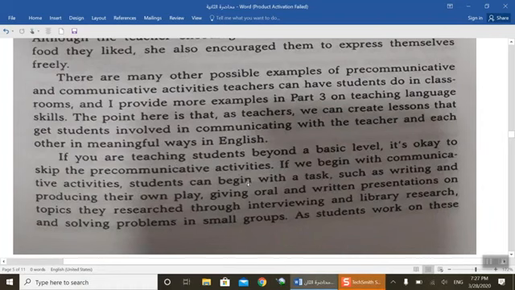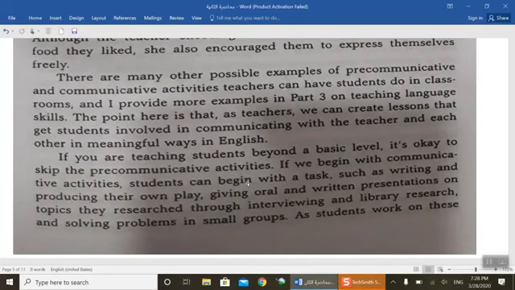When the teacher teaches his students, he has to know their level, whether beginner, pre-intermediate, intermediate, or advanced. Very important.